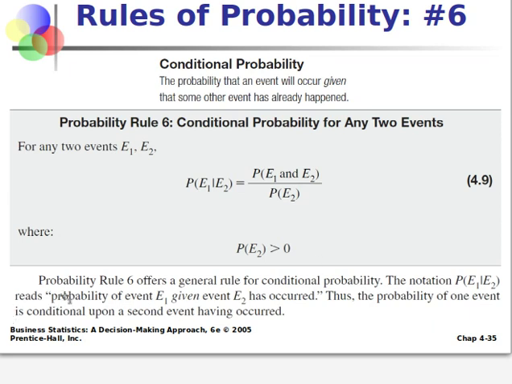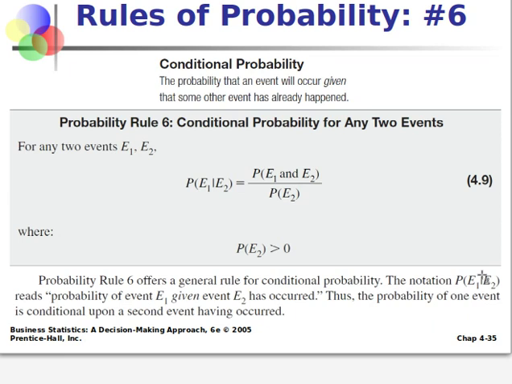The probability rule 6 offers a general rule for conditional probability. The notation P of E1 given E2 reads probability of event E1 given event E2 has occurred. So, naguna dapat si E2, it has happened, E2.